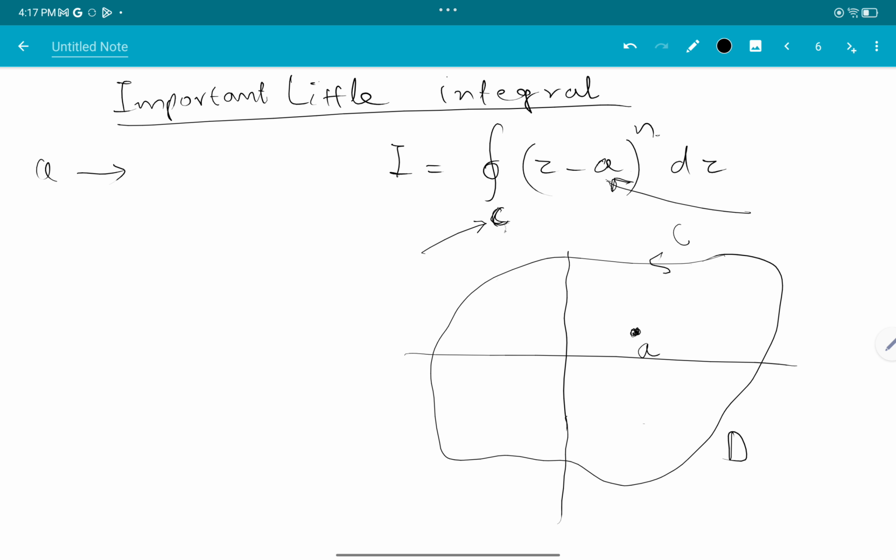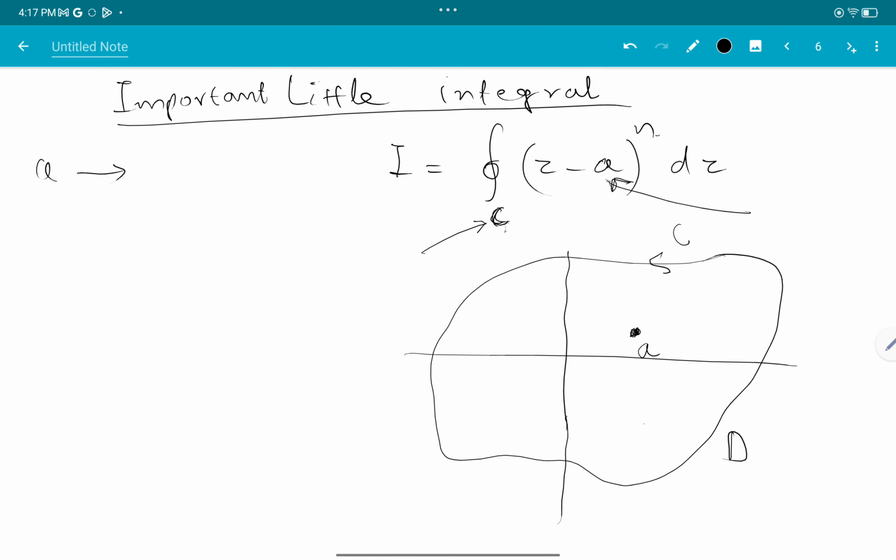Now, if n is negative, then at a it will have a singularity. Definitely, because suppose n is equal to -1, the function will be 1 over (z minus a), and when z is equal to a, the function blows up. So it has a singularity.